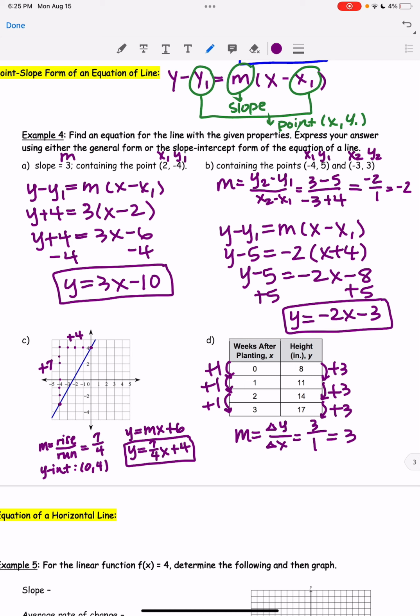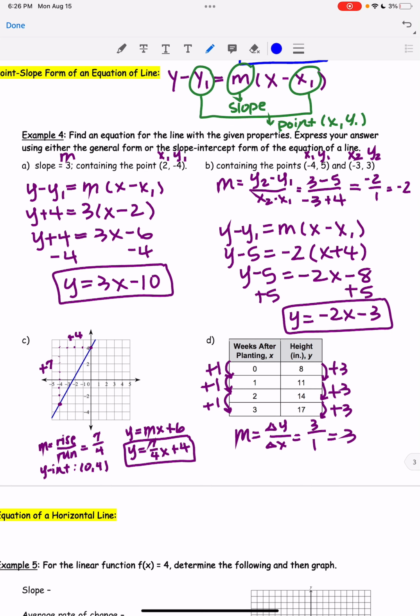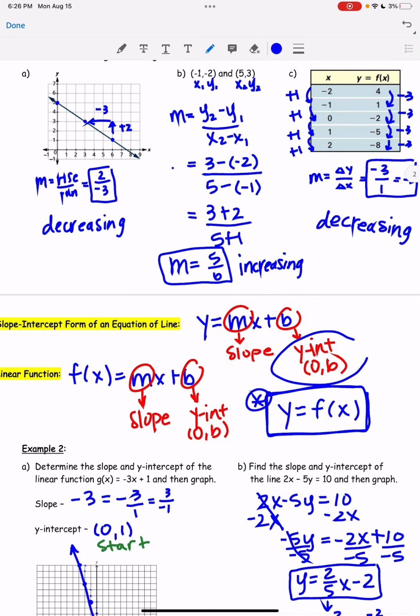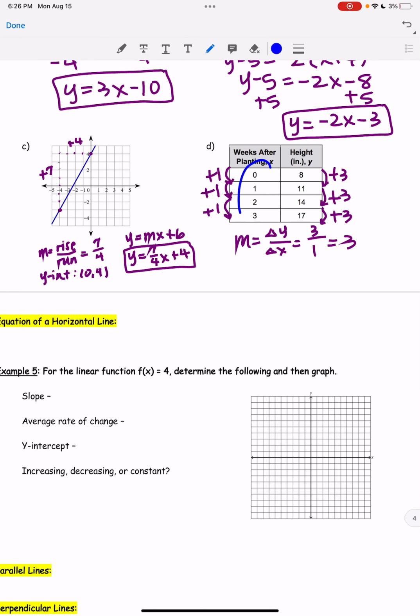Again, lucky for us in this table, we are given our y-intercept. Our y-intercept is always (0, b), right? That's what we listed right up here, (0, b). So you're looking for something with the x being 0.